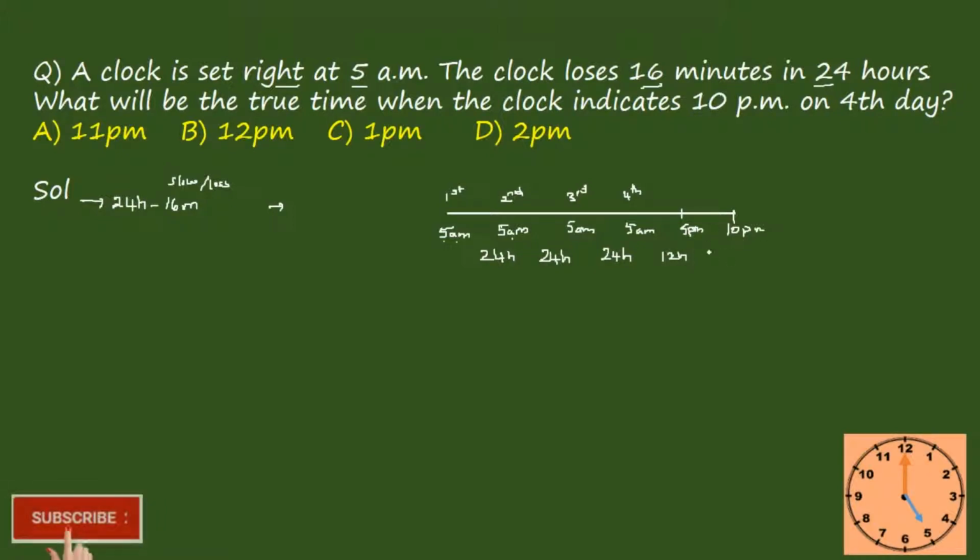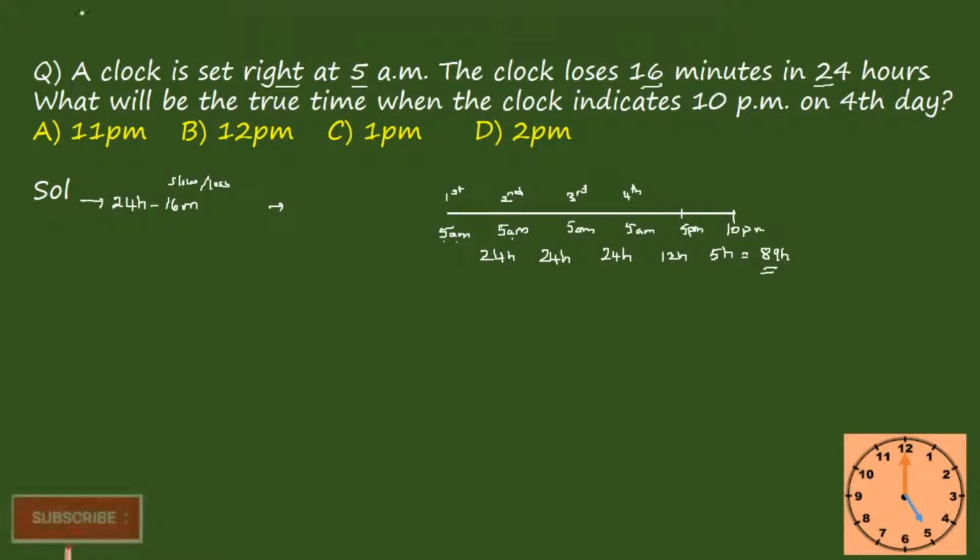From 5 p.m. to 10 p.m. it takes 5 hours, which is 24 plus 24 plus 24 plus 12 plus 5. It becomes 89 hours. So it takes 89 hours to move from 5 a.m. to 10 p.m. by the clock.